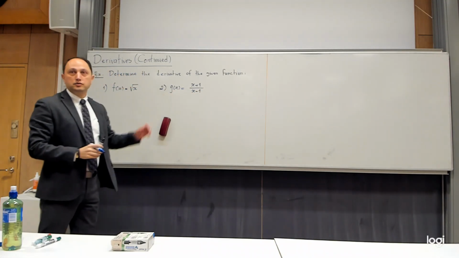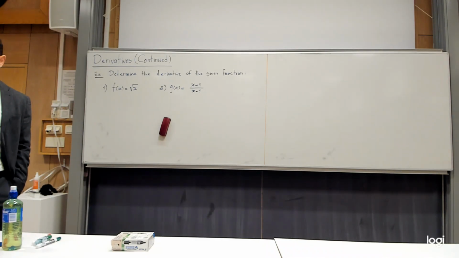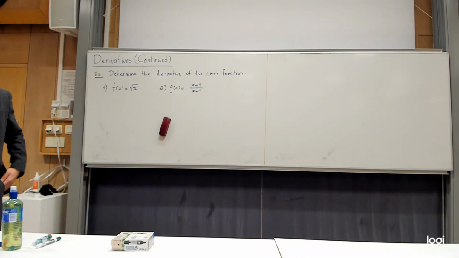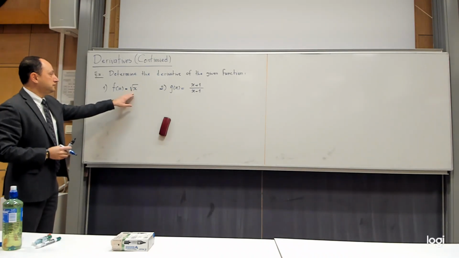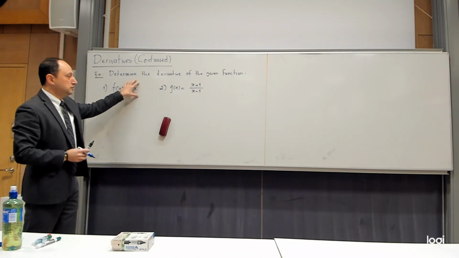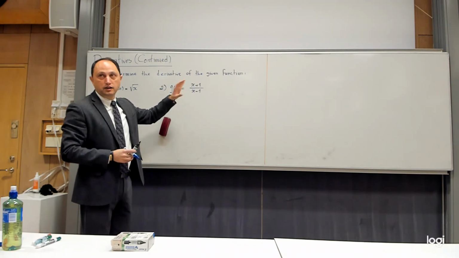This you don't know how to do in Math 3C. We will learn it this year, and that is called the quotient rule. But still, if you don't know the quotient rule, you can still use the derivative definition and find this. So this one, in principle, if you have done your homework fine in Math 3C, it is doable for you right now. But this one, it's not doable for you right now because you don't have the formula.